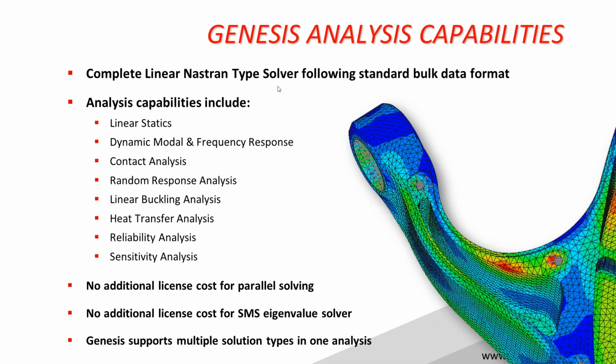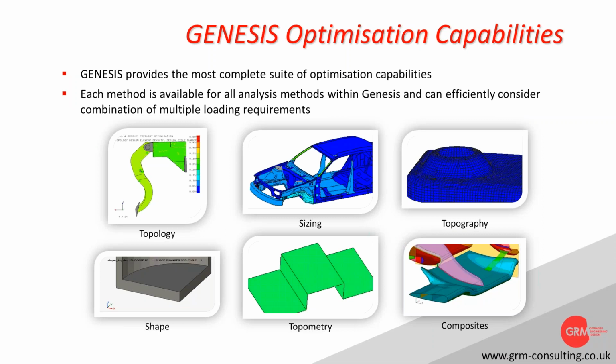So in terms of the solving, these are the core solution types in there. We've got our linear statics, vibration, buckling, heat transfer, and this is now extended, and we've got a good interface for it in Design Studio, you'll see today, and a few more additional solutions in there today as well. And then in the optimization, we've got topology, which is the one that most people cut their teeth on in optimization, but we extend then into really quite a comprehensive suite of optimization capabilities inside Genesis.